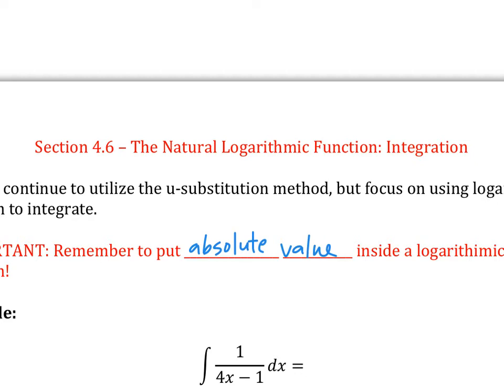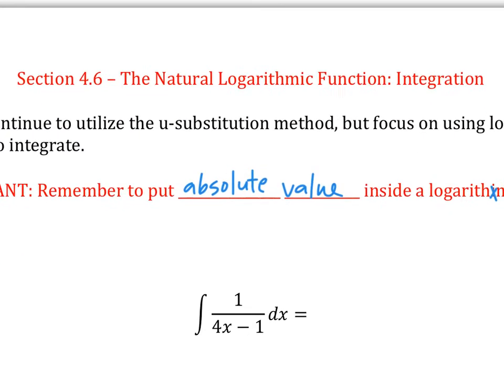I feel like I spelled that wrong. I think there's no I there. Logarithmic. Anyways, please make sure you put an absolute value inside a log is the thing.